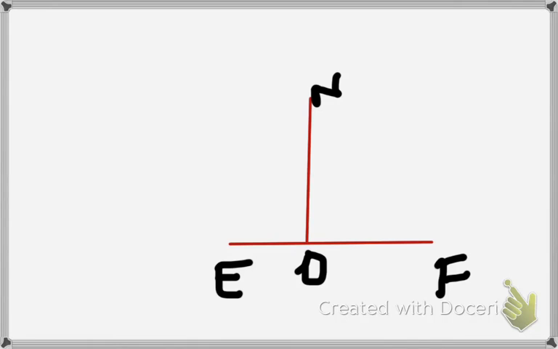It means the line NO and the line EF are intersecting. But observe what kind of angle they are making. They are making a 90 degree angle. So we can say that the line NO is perpendicular on EF because they are forming the angle of 90 degrees. So we can say that NO is perpendicular on the line EF.